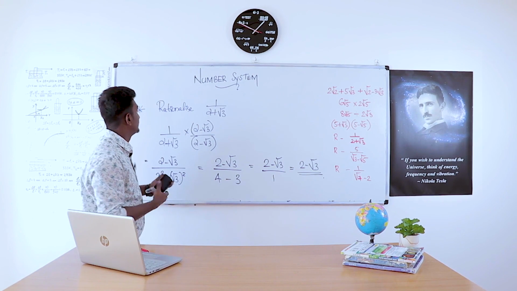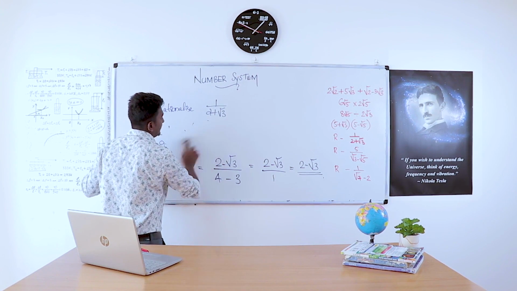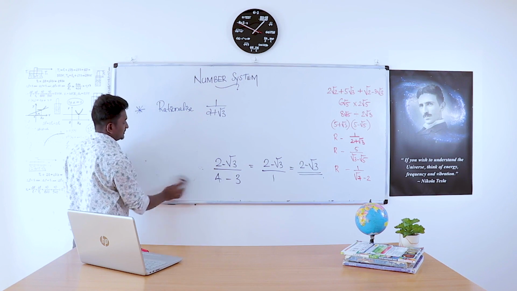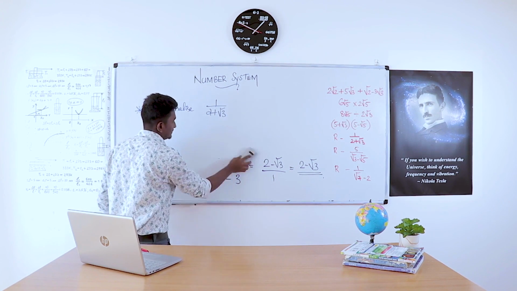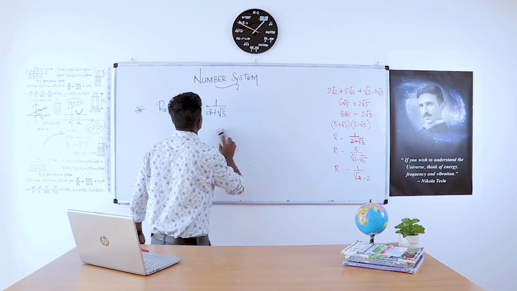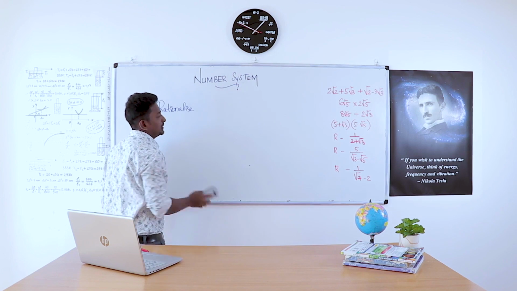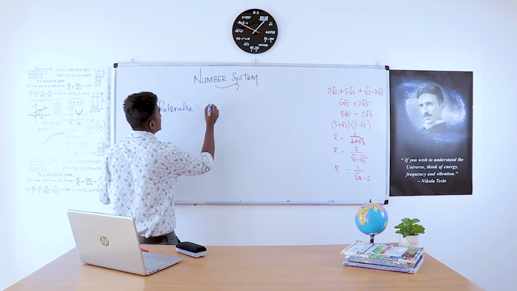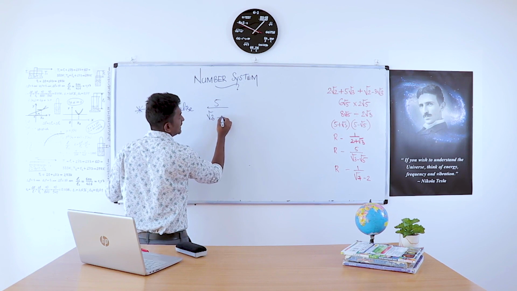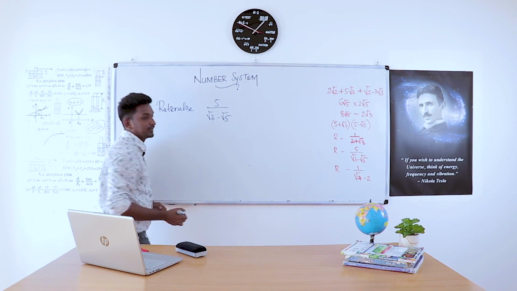Clear? Moving to the next question. Same method, rationalize 5 by root 3 minus root 5.